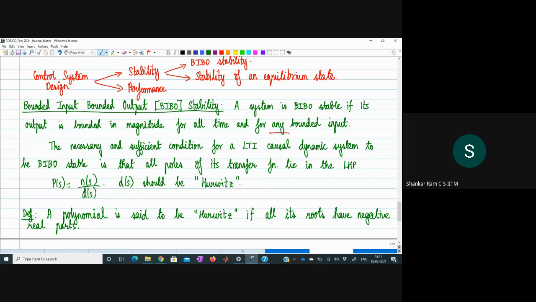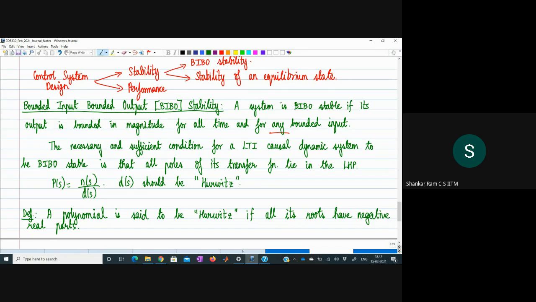But that is not good enough as far as practical application of control. So we shall look at the other notion of stability, that is stability of an equilibrium state, and then we shall connect the two and see what is the equivalence between them.